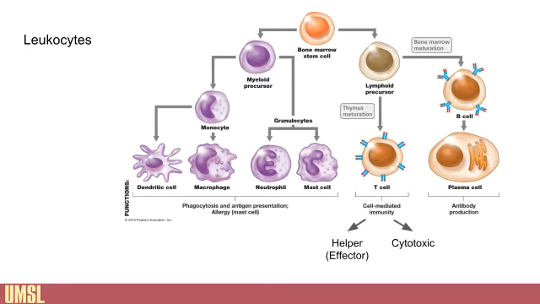So I showed you this slide last time, and a lot of what we talked about last time were things involved in the innate immune response, and these were all derived from these myeloid precursor cells. Importantly, all the cells that we're going to be talking about are essentially differentiated bone marrow stem cells, and it's basically where they mature and become their final differentiated cells.